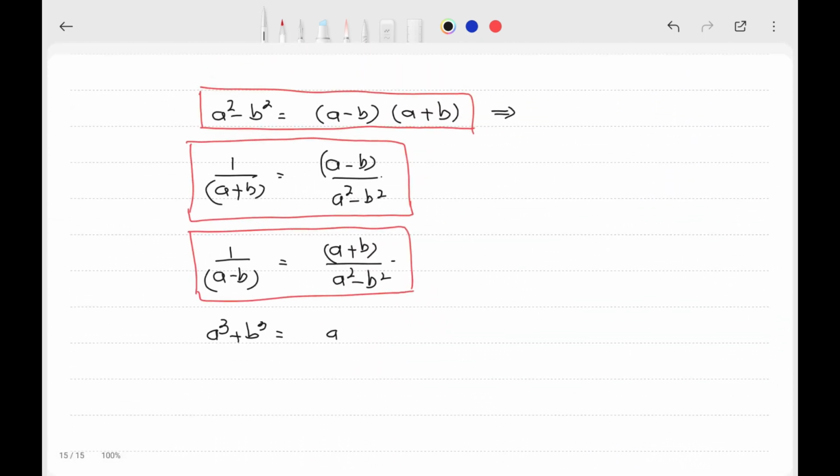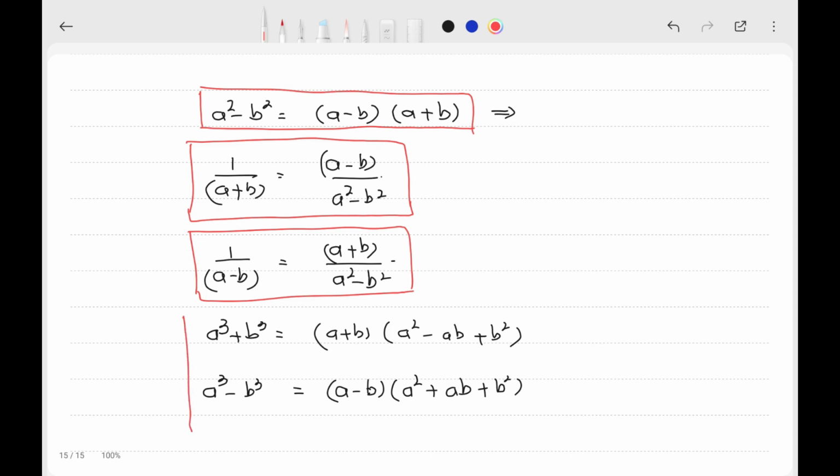This is a plus b into a square minus ab plus b square, and a cube minus b cube is equal to a minus b into a square plus ab plus b square. Please remember these two formulas also.